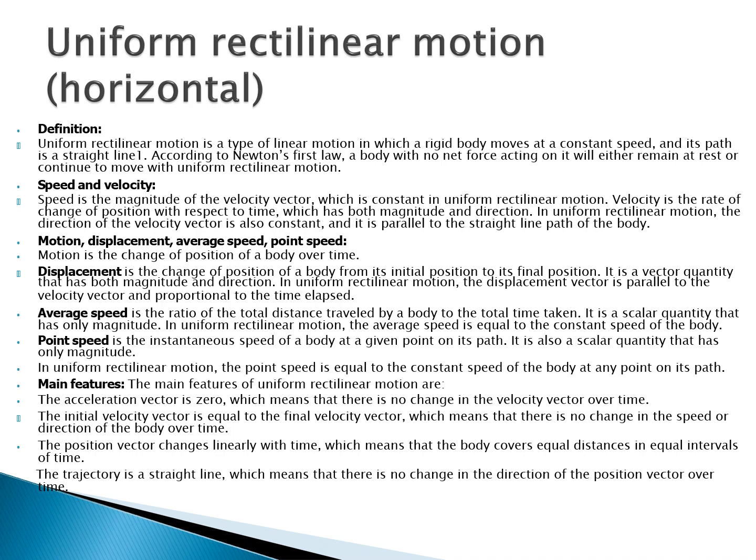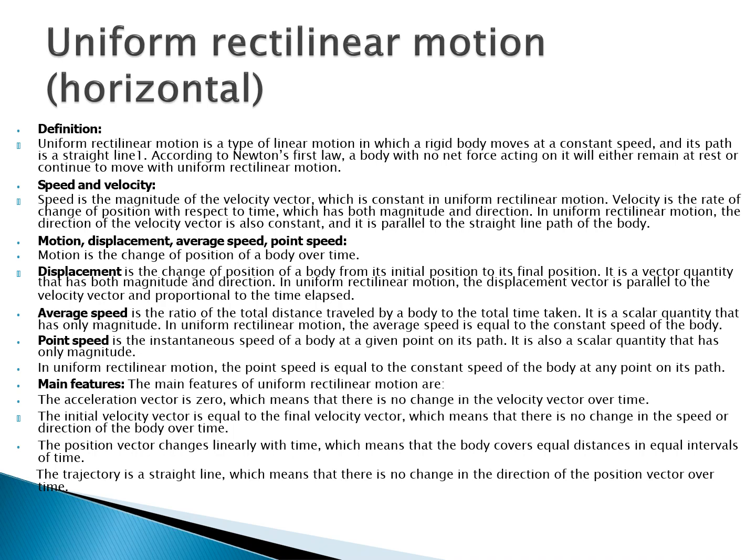Main features. The main features of uniform rectilinear motion are: the acceleration vector is zero, which means there is no change in the velocity vector over time. The initial velocity vector is equal to the final velocity vector, which means that there is no change in the speed or the direction of the body over time.